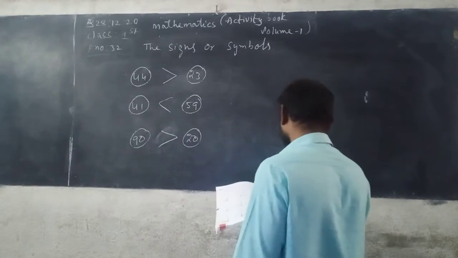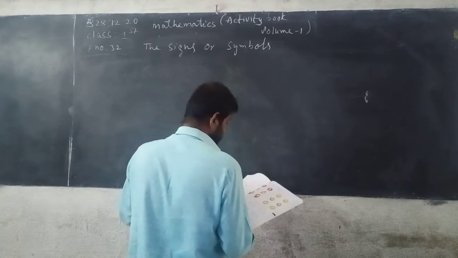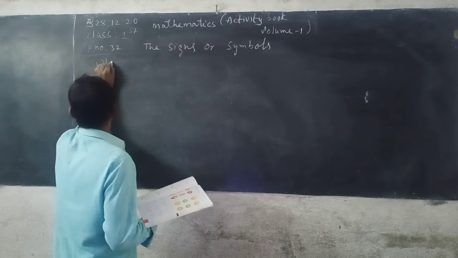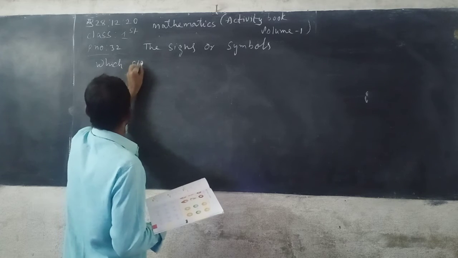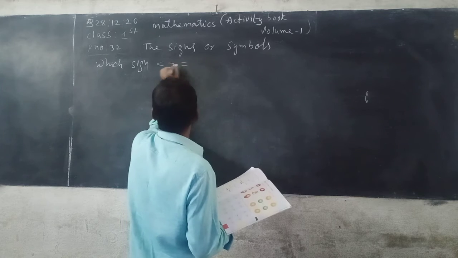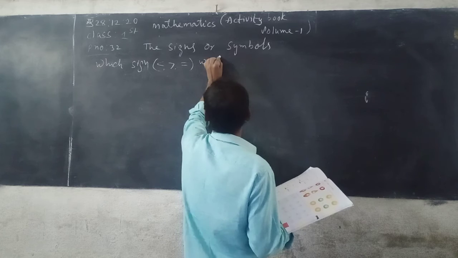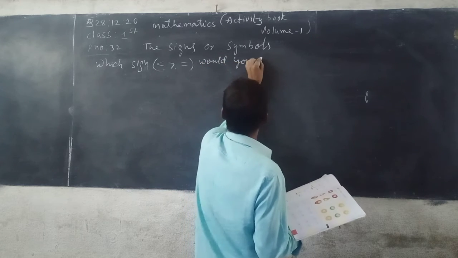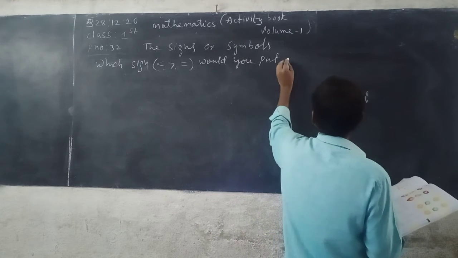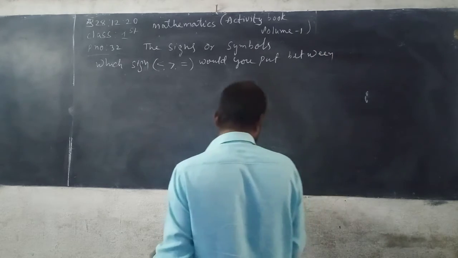Now next. Which sign, less than, greater than or equal, would you put between these pairs of numbers?